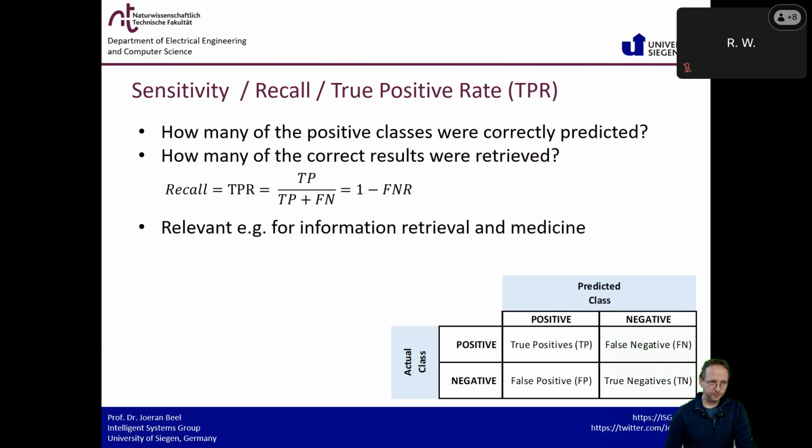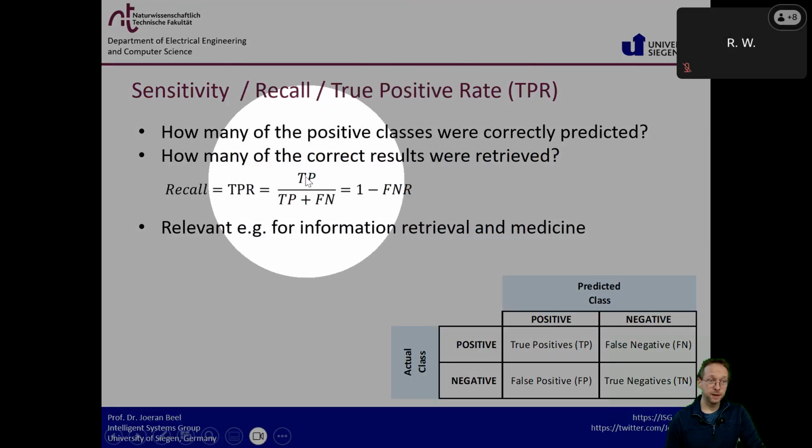Now, let's continue. Another metric is sensitivity or recall or the true positive rate. And that tells you of how many of the positive classes were correctly retrieved or predicted. It's in particular relevant for information retrieval, but also for medicine. So recall is the true positives divided by true positives plus false negatives.